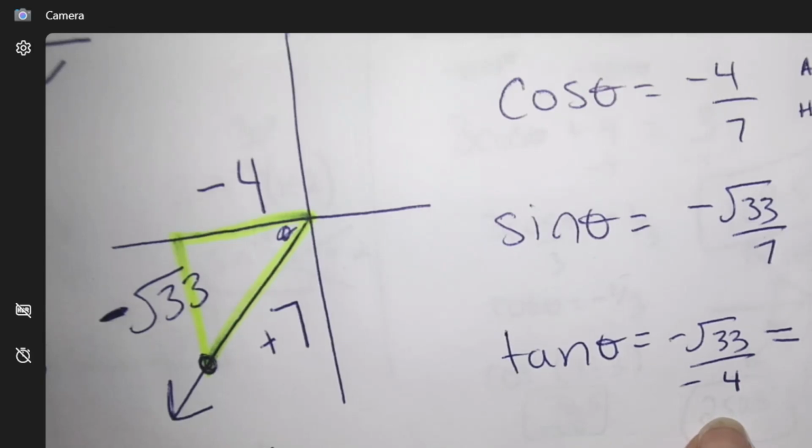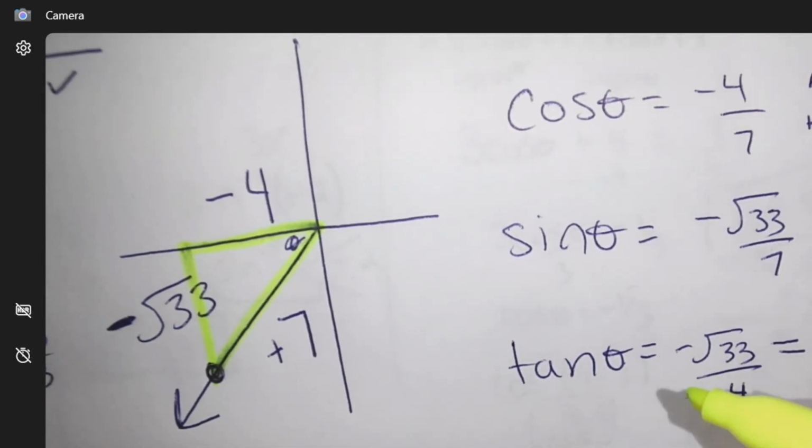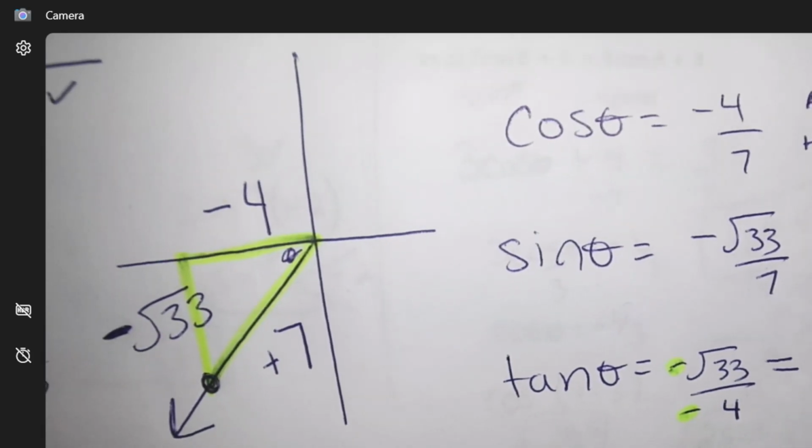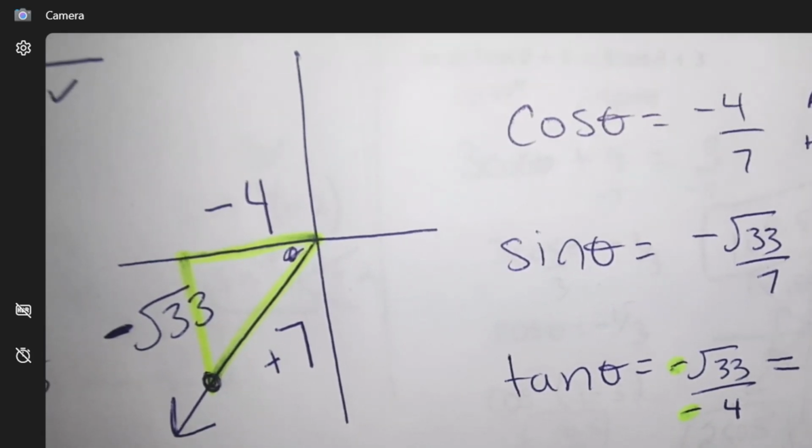Why do I not want to leave it like that? What's something more I can do? What happens when two negatives divide? You get positive.